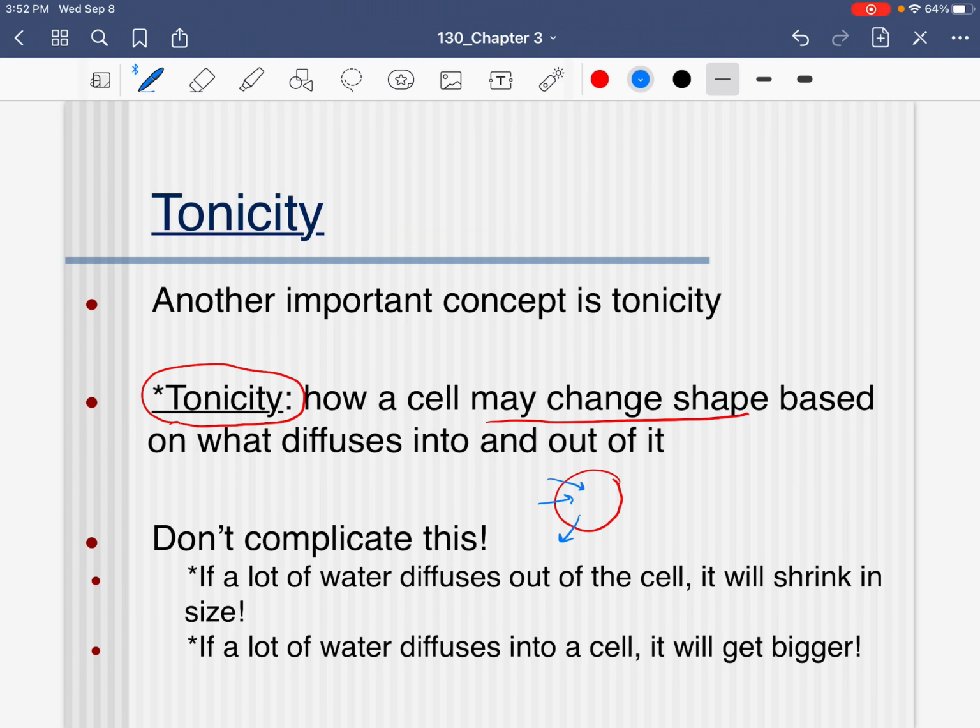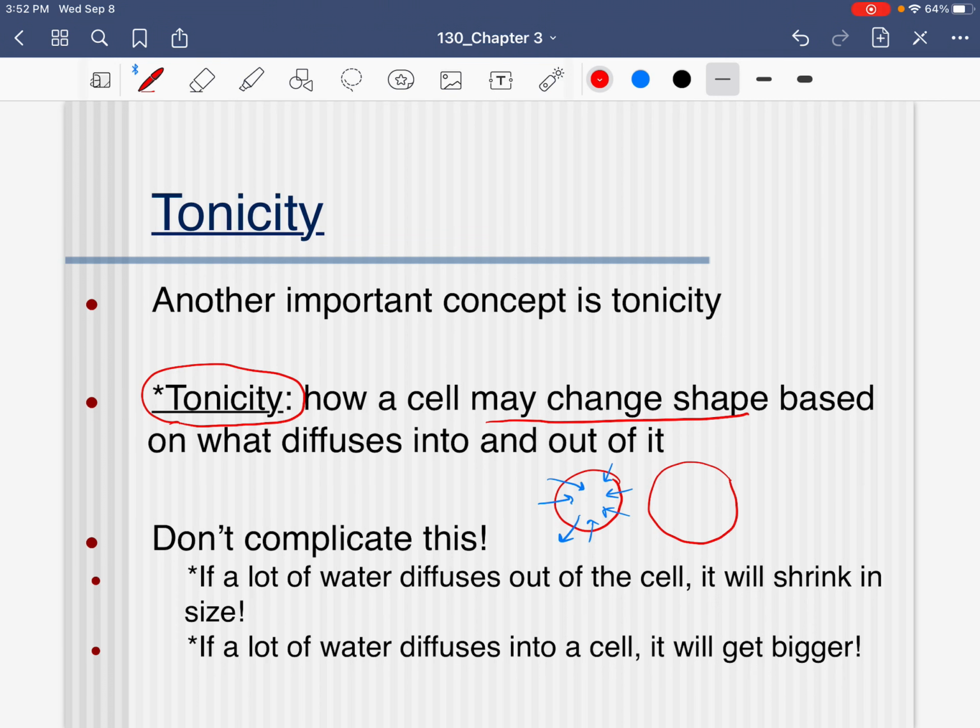So what happens if all of a sudden a lot of water comes diffusing in? Well, anytime a lot of water comes diffusing in, the cell is probably going to get a little bigger because we've just pumped a whole bunch of water into it.